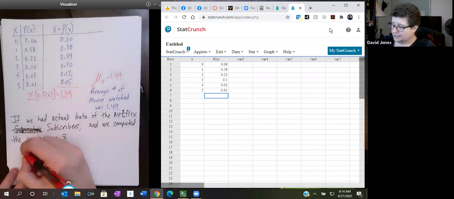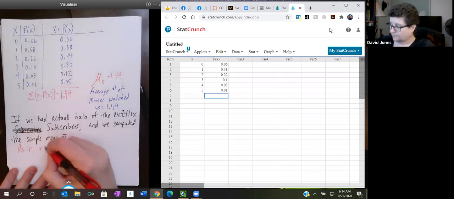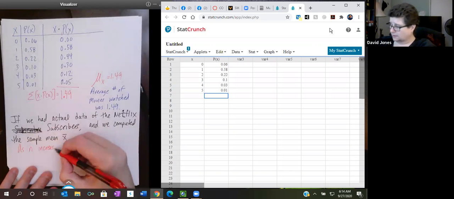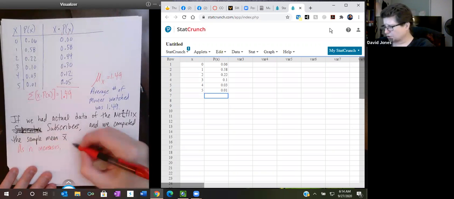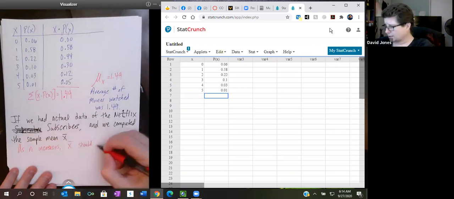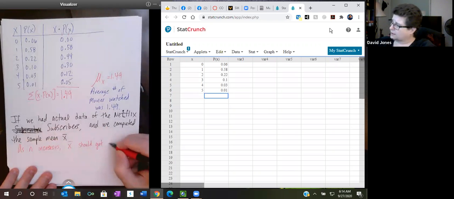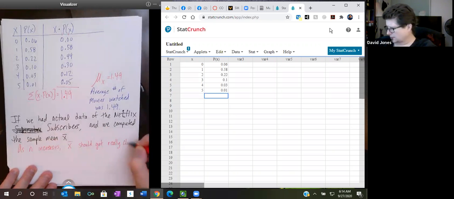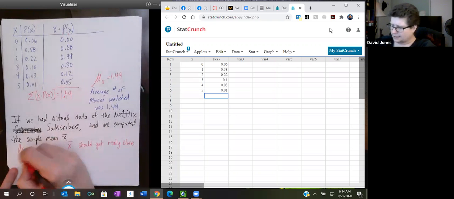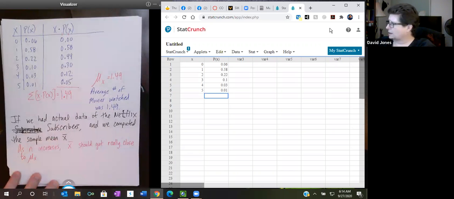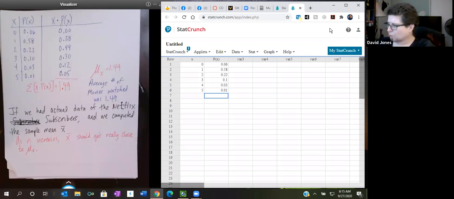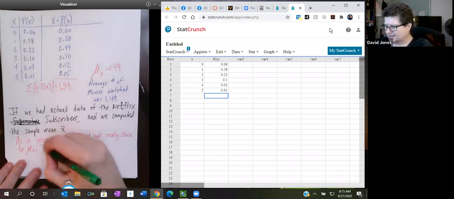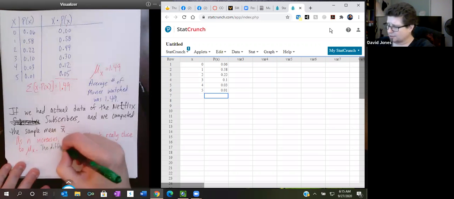As n increases, the number in our sample, x bar should get really close to the mu of x we calculated. How can I put that in terms of math? If two values are really close, the difference between the two values is close to 0.